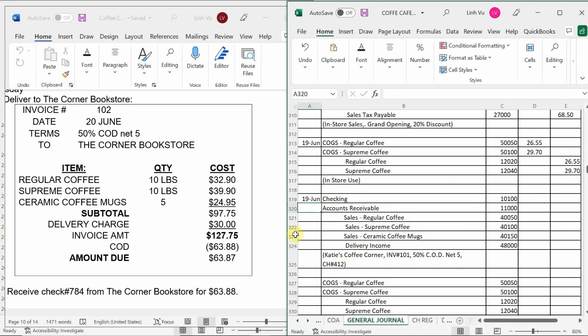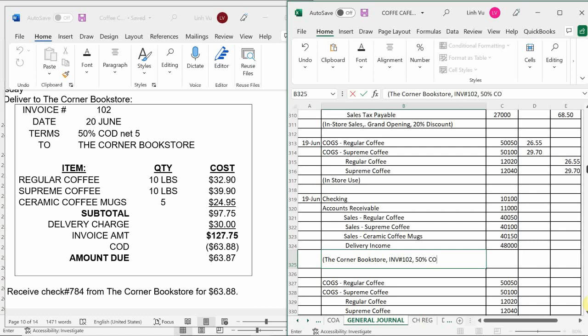Okay. Now, all I have to really do here is just make changes to this description because this time we sold to the corner bookstore. Invoice number 102, 50% COD.